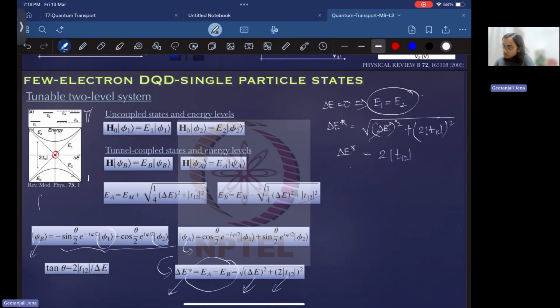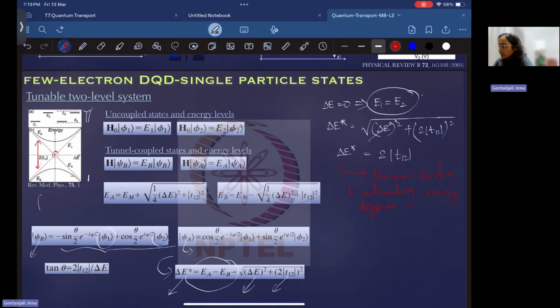So for delta 0, this is the minimum splitting between antibonding and bonding state that we can have for this double quantum dot system. So this represents the minimum bonding and antibonding energy difference.